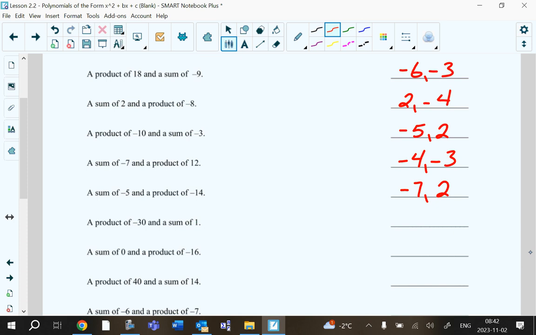Product of -30, sum of 1. So think of numbers that multiply to get 30. One of them has to be negative to get -30. -6 and 5 or 6 and -5? Because it has to be positive when we add them. Add to get 0, multiply to get -16. -4 and +4.